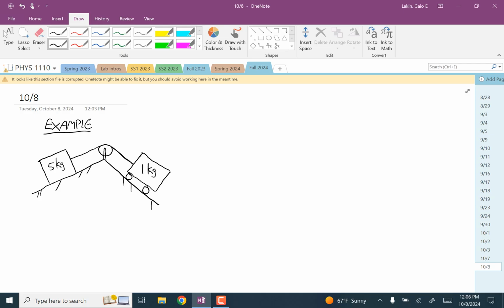And there's friction between the 5 kilogram block and the incline. And the coefficient of friction between those is 0.2. And we want to draw a free body diagram of each body.